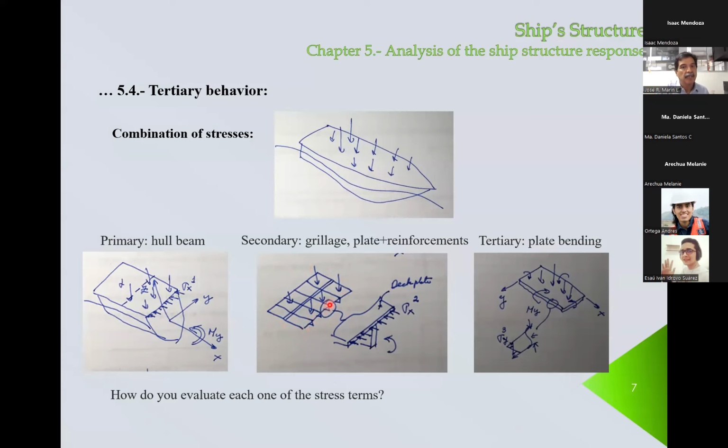What do we have to include here? Miss Leon, Caroline Leon, do you remember what we have to include? The effective breadth. Yes, the effective breadth. So you take the effective breadth, consider the web, the flange of the reinforcement, evaluate the inertia of that, and proceed to calculate the stress.